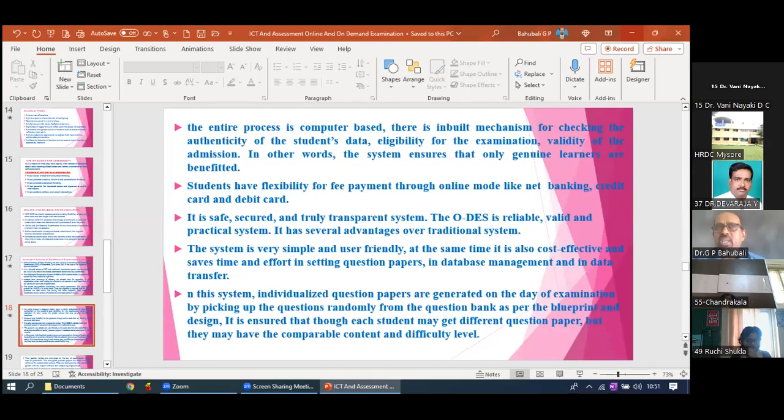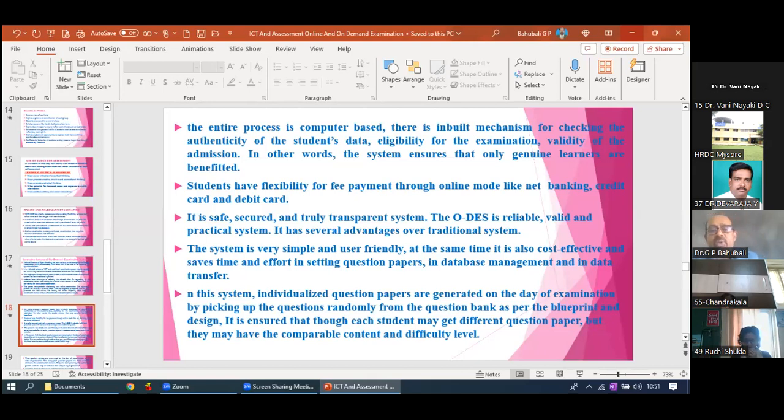All such things we have to take care of, and based on that you have to allow. And students have flexibility for payment through online mode.